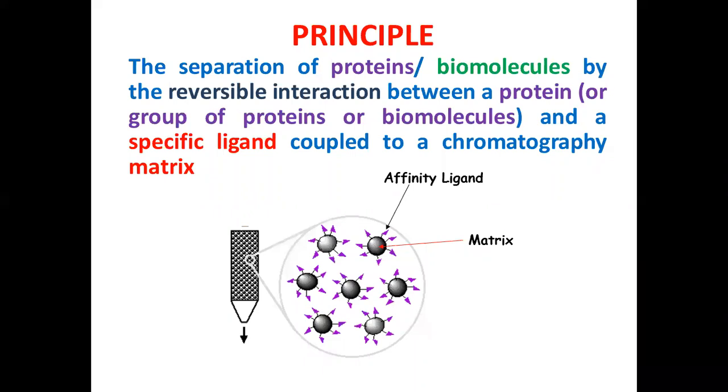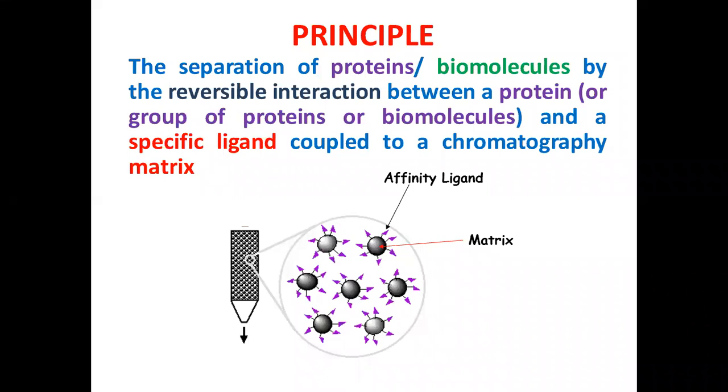So when you pass a sample of biological origin through the chromatographic column, the proteins present in the biological sample can be classified into three varieties: unbound proteins, weakly bound proteins, and strongly bound proteins. This ligand has greater affinity towards the strongly bound proteins, weaker affinity towards the weakly bound proteins, and no affinity towards unbound proteins.